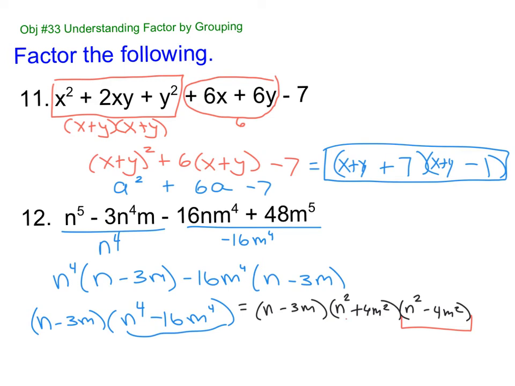You can do this one, right? You can throw the i in there if you want. You don't have to. This last one though, that is a regular difference of squares. You have to factor that. So n squared plus 4m squared, and then we have our n plus 2m and n minus 2m, and that is factored.